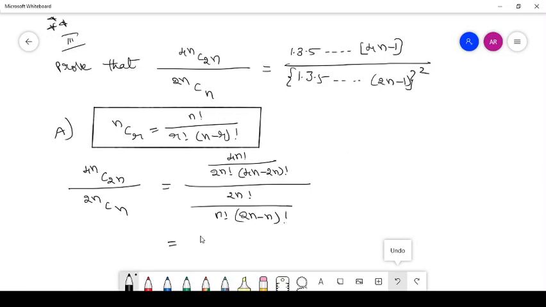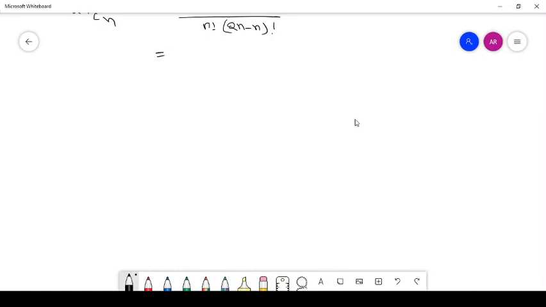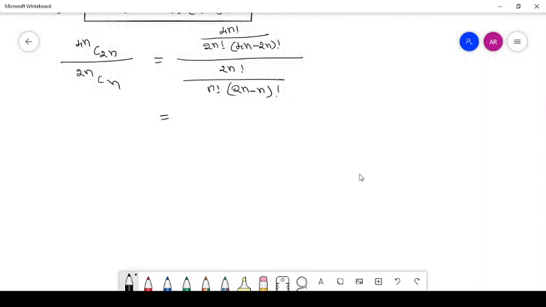This is equal to 4n factorial by, in the numerator, 2n factorial into 4n minus 2n, which is also 2n factorial, and the denominator becomes n factorial into 2n minus n, which is n factorial, by 2n factorial.